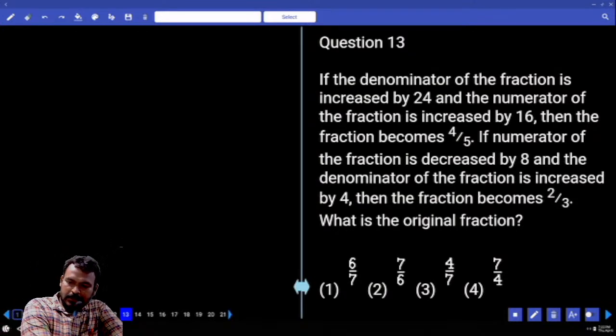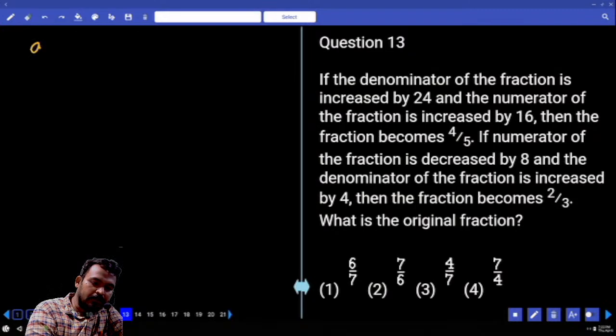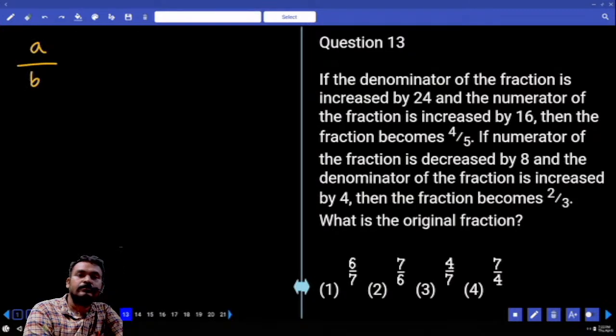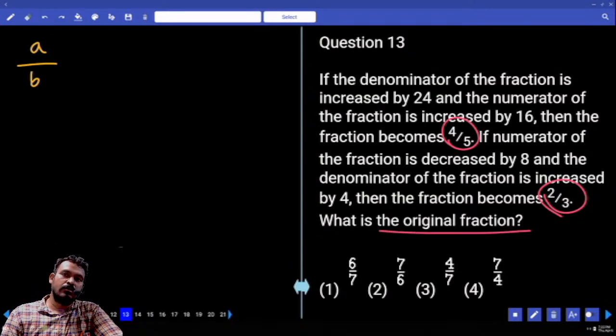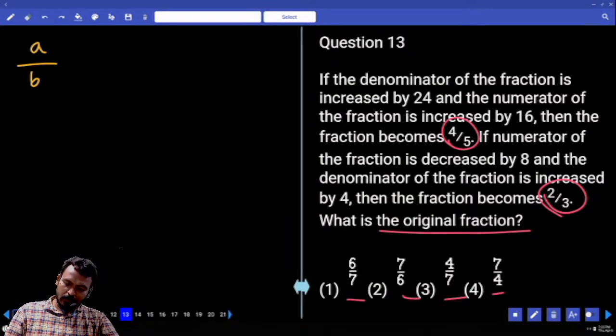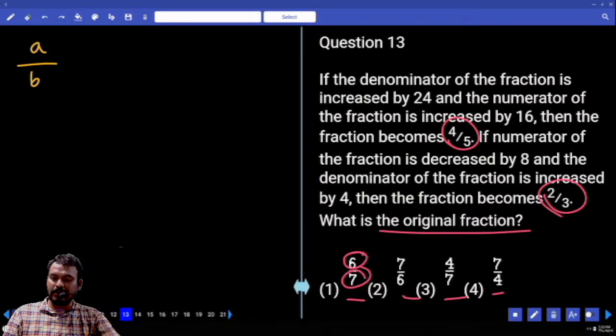Okay. First, I consider the numerator A and the denominator B. In the options, we verify: first case result 4 by 5, second case result 2 by 3. We require the original fraction. All the options are original fractions, not new fractions. Suppose the original numerator is 6 and the original denominator is 7.